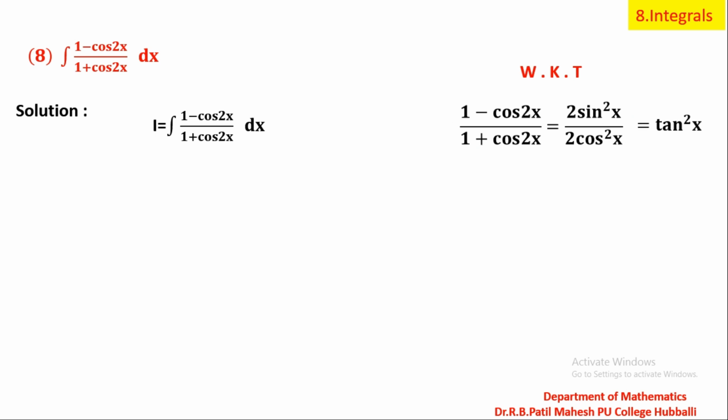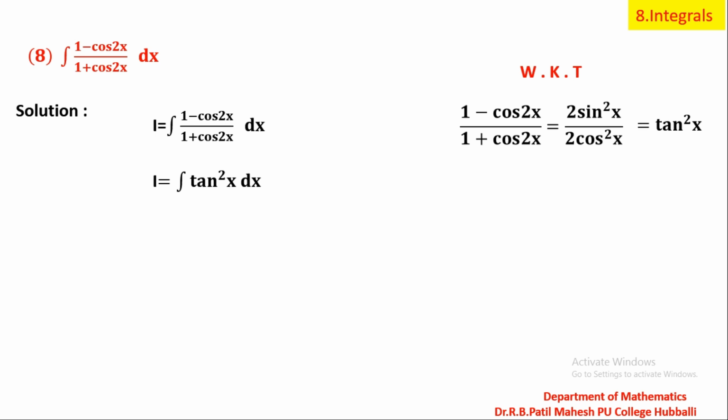So I mean to say, overall this fraction is replaced using the trigonometric formula as tan square x. So replace that now in this: I equal to integration of tan square x dx. Then a question arises, do you have the formula for integration of tan square x? No students, you don't have the integration of tan square x.